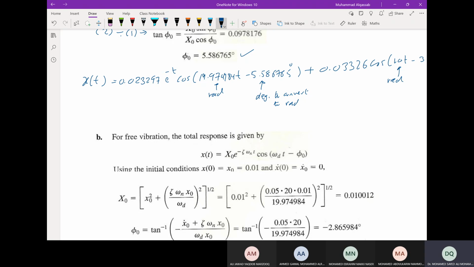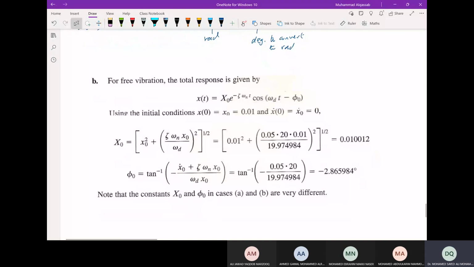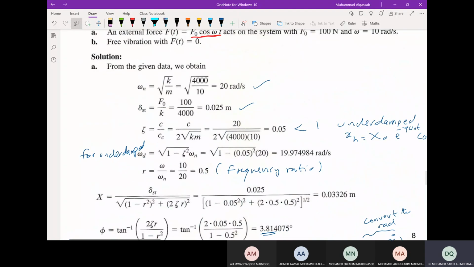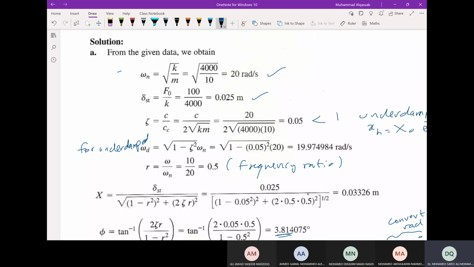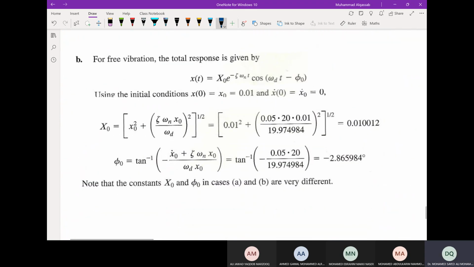Okay, for the free vibration, there is only the homogeneous solution. So what we did here is applicable, and we can use all of this, omega n, zeta and omega d, to get the homogeneous solution.